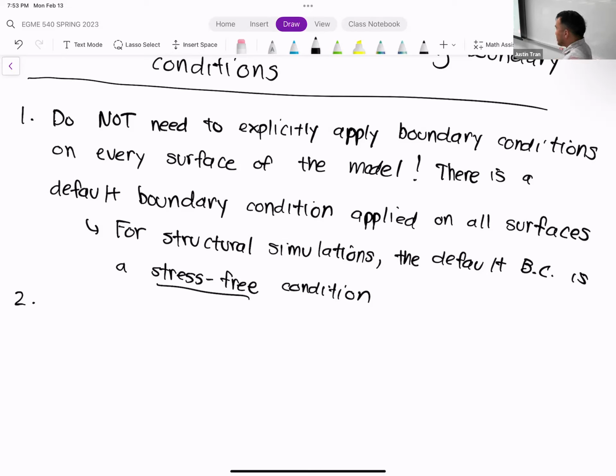For a 3D simulation in ANSYS or any software, you usually have a choice. You can apply a boundary condition either on a 2D surface, on an edge, which is a line, or on a point.